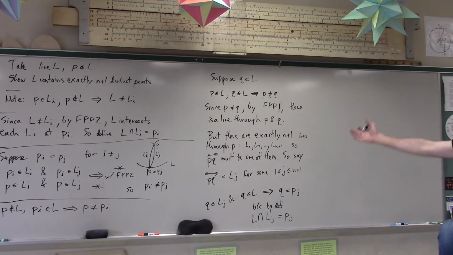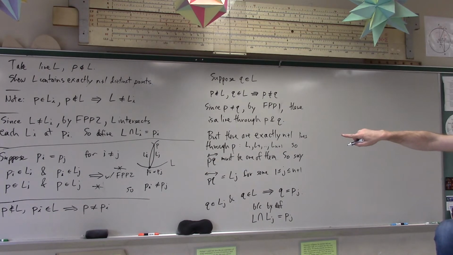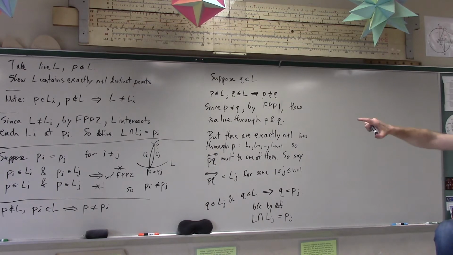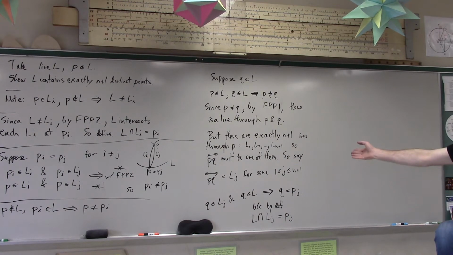So this is the way of doing it without making it a contradiction, by just saying, look, any point Q on line L has to be one of the previously named P sub j's because of this argument. Okay, how are we doing?